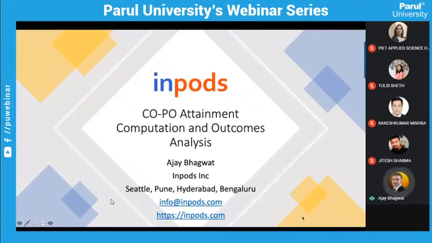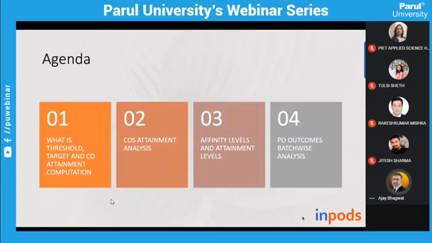So this part of our FDP is going to cover these main points: how to identify a threshold and target, and then drive the CO attainment computation; how to do the CO attainment analysis; how this CO attainment is then transferred to the program outcomes; what parameters come into the picture when the transfer of attainment happens to the program outcome; and finally we can discuss the PO level analysis.